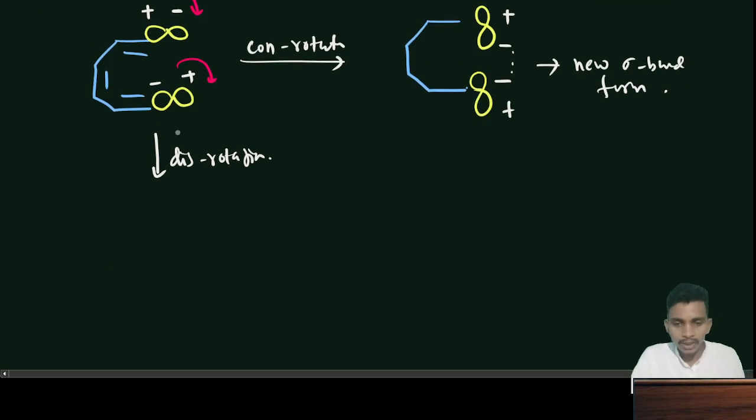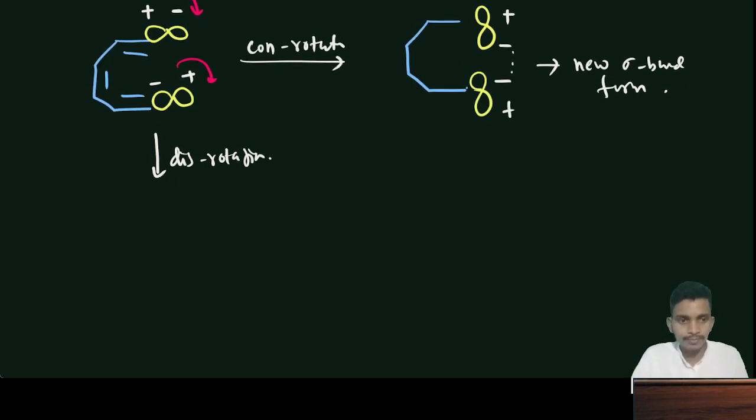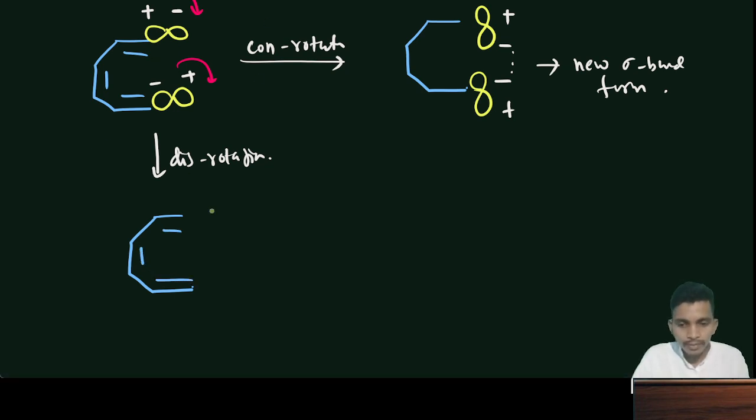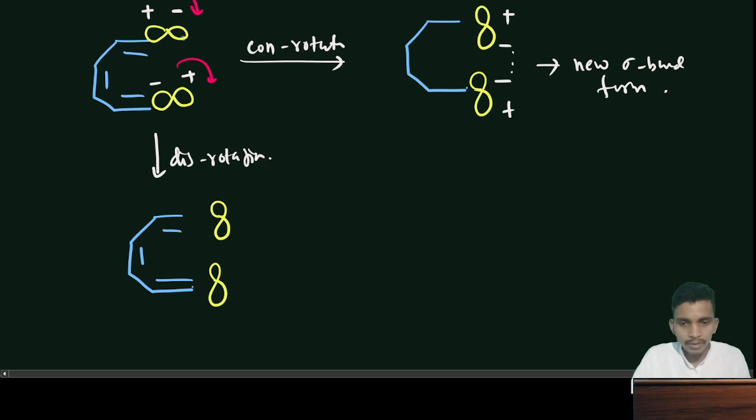But now if I do the disrotatory on this case, then I will make that. Okay. So what I do is I have to rotate one clockwise. Let's see if I rotate this.